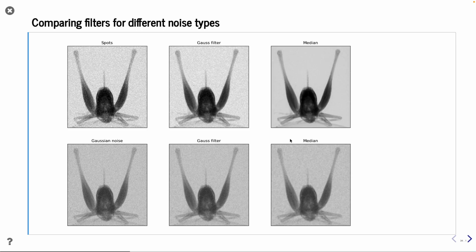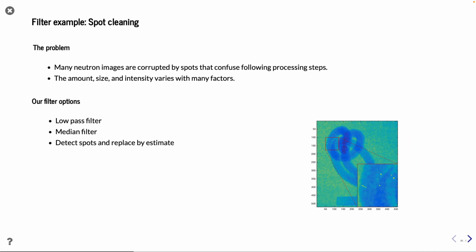So this looks nice. However, if you apply the filters to an image with Gaussian noise, the Gauss filter is actually stronger against that kind of noise, Gauss noise or Poisson noise or whatever. The median filter also does some kind of smearing effect, and sometimes it's actually not so beneficial to use it.